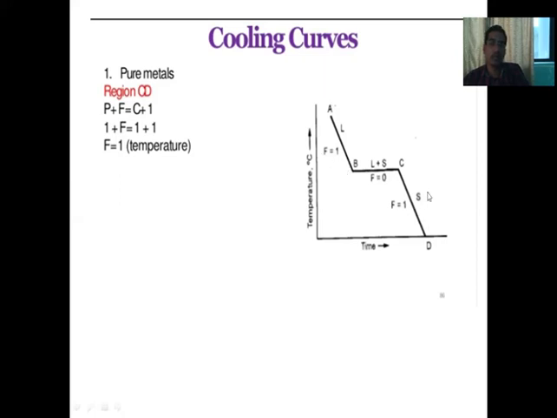There is no change in the concentration, but there is a change in the temperature. So here the complete solidification process is carried out. In this way, from the liquid state the metal converts into the solid state, and we learn the cooling curve for pure metals.